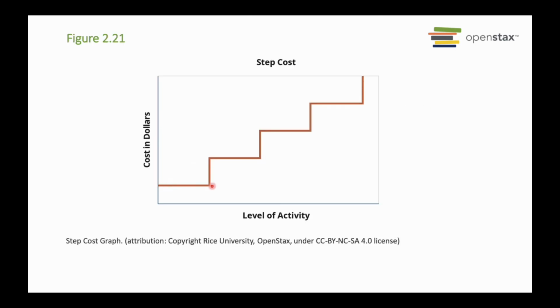So this represents the increase in the total cost after 100,000 units have been produced. For the first 100,000 units, then we need to add a supervisor and the cost goes up by 75,000. Then it remains stable until another 100,000 units are produced, when the cost goes up again. So this is a step cost.